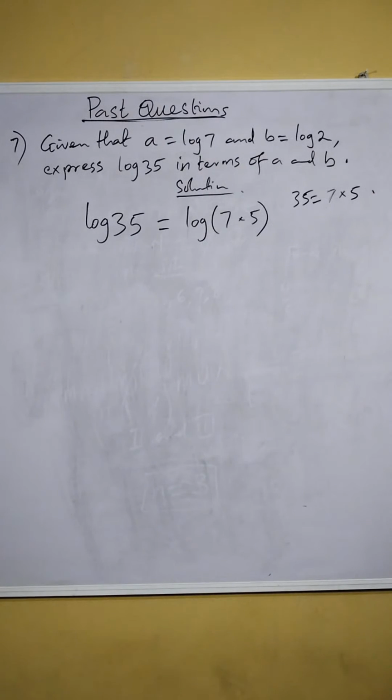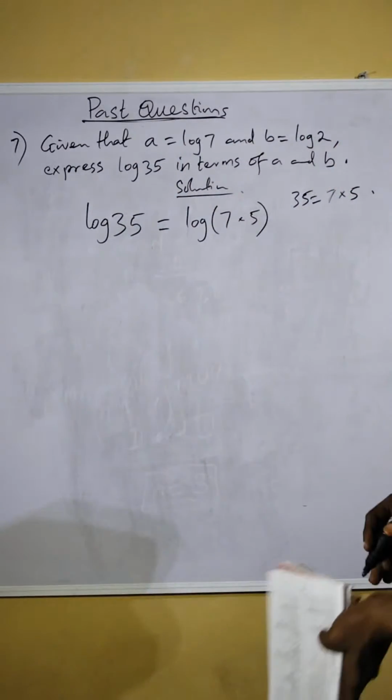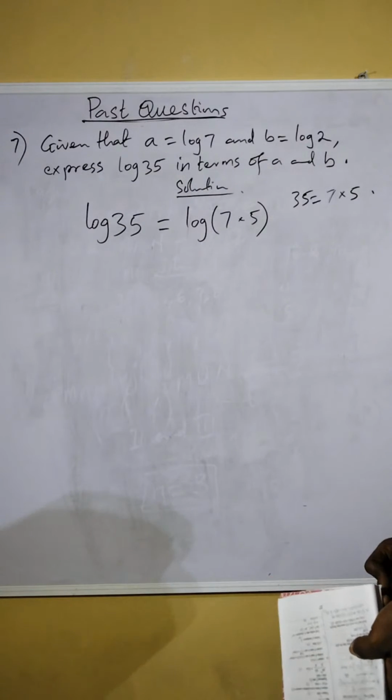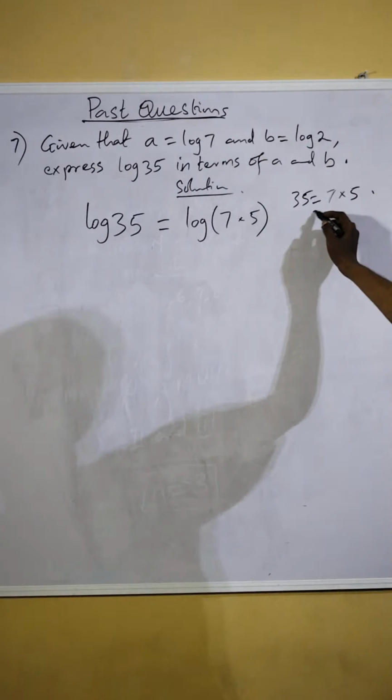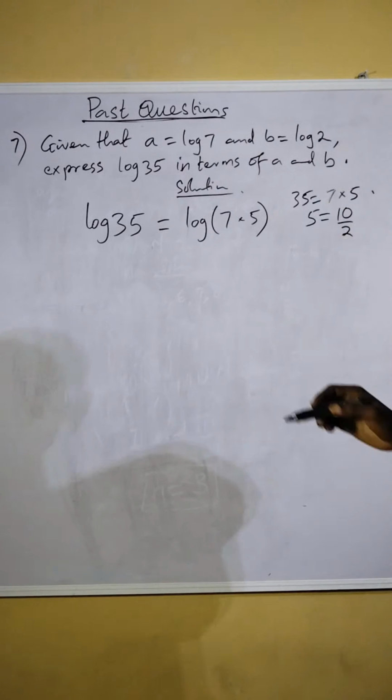Then, applying the law of logarithm on what we have. But one thing we should discover here before we apply that is that 5 is not part of what is given. But we should understand that we can write 5 as 10 over 2.